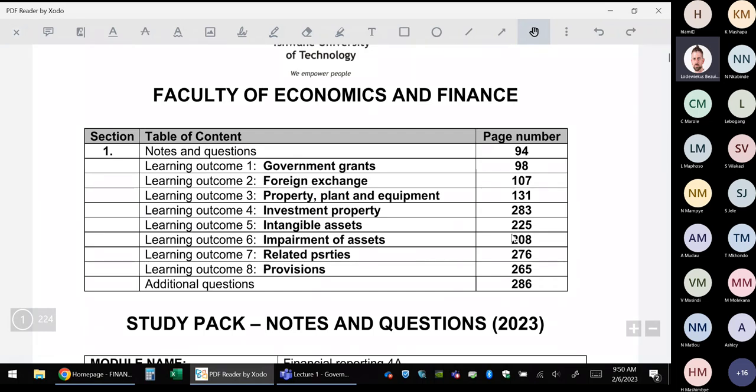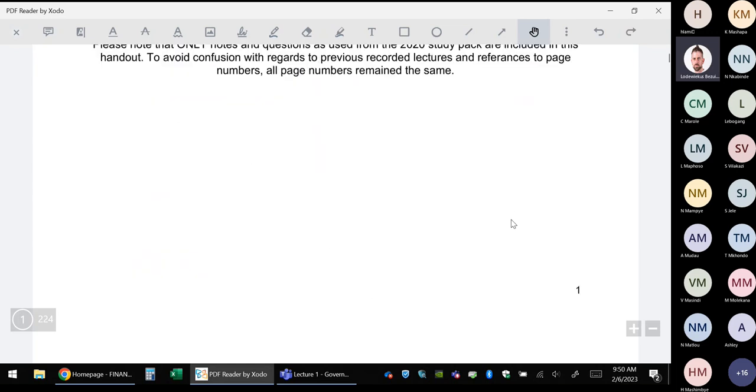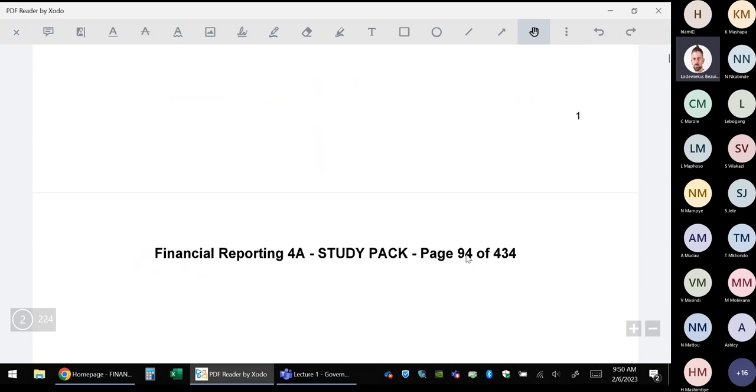But everything is here, but you will see it only starts on page 90, whatever, because the first couple of pages was just other information that we included for COVID in that year. So they are all the page numbers. So when I refer to page number 283 or 102, it refers to that page number at the top of the study pack.